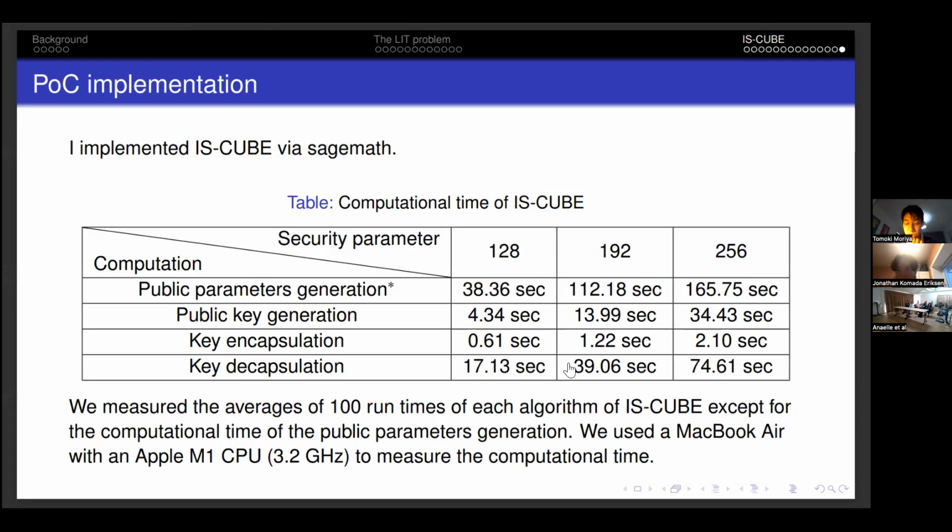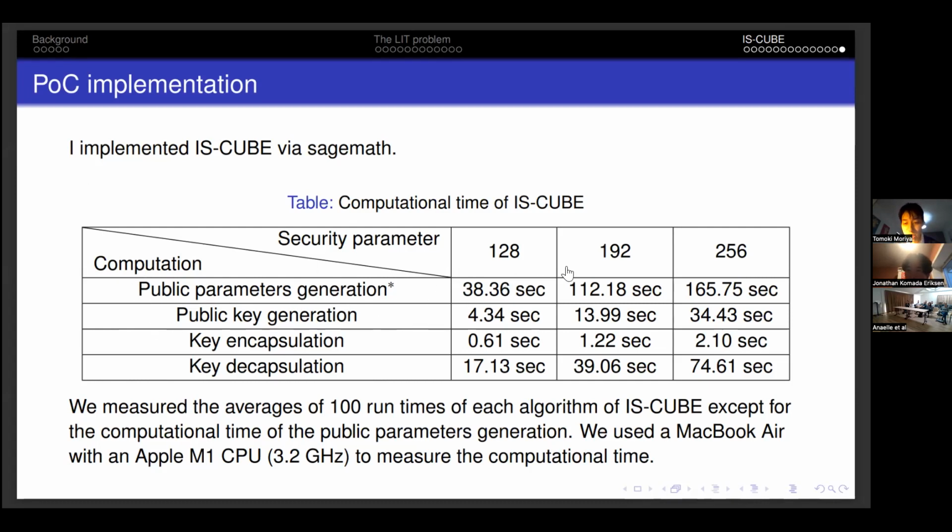And finally, I show the result of my proof of concept implementation. This is the result for the proof of concept implementation by SageMath. I measured the average time over 101 runs, except for the public parameter generation, which we only compute once.